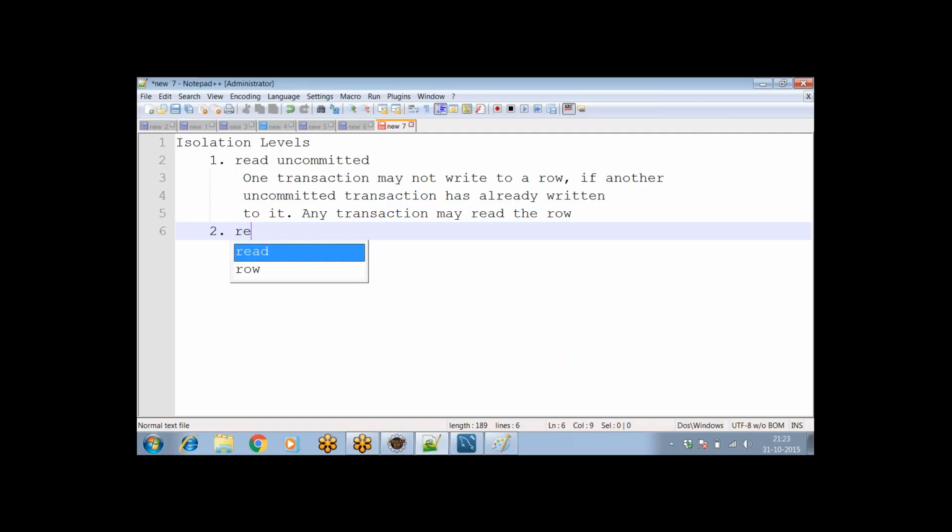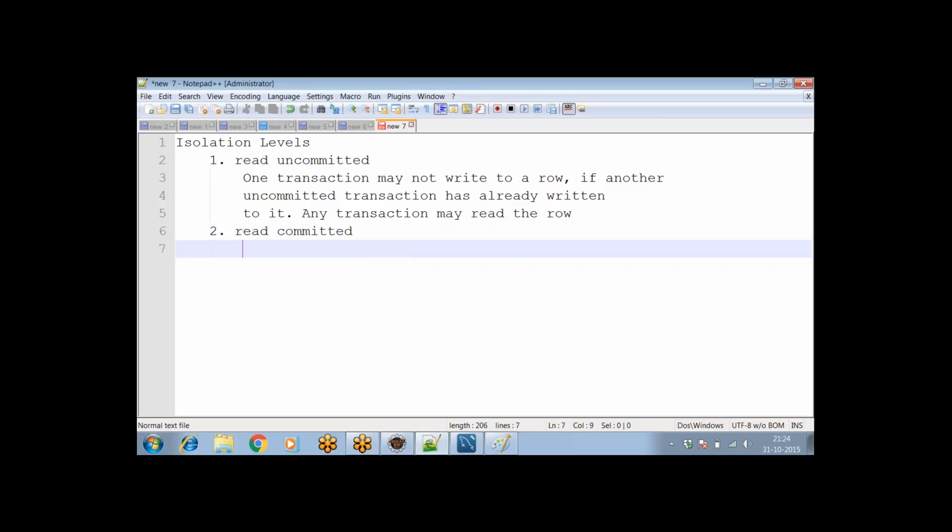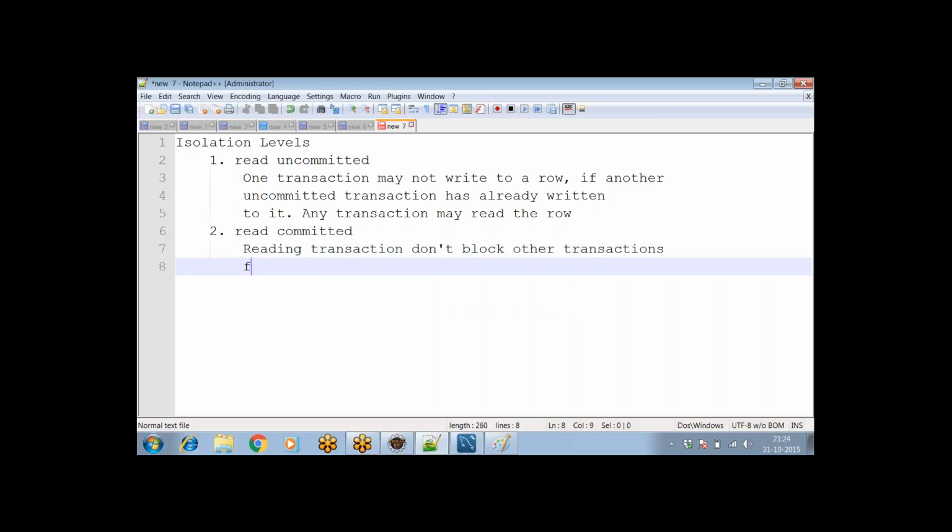Read committed. So here what happens? In this case, a reading transaction doesn't block other transactions from accessing a row.